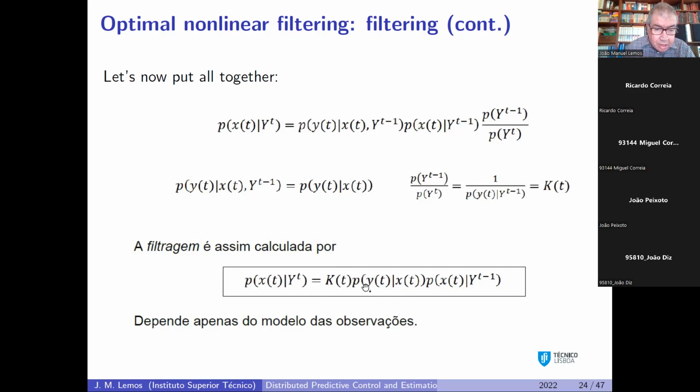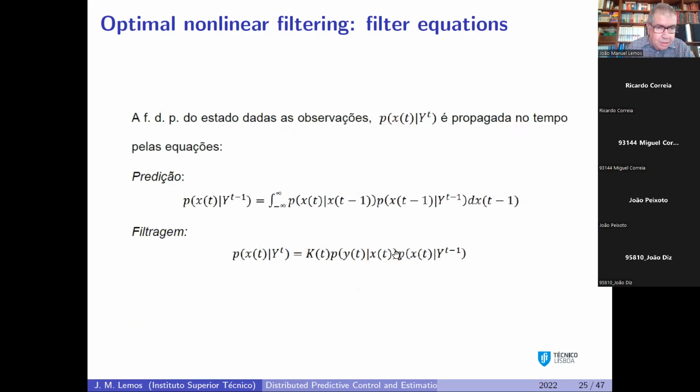Then we have p of yt given xt, and then we have p of xt given the previous observations. So this is the predicted density. And this p of yt given xt is something that depends on the model of your observations. Given the state, what do you observe for y? It's described by this expression here.